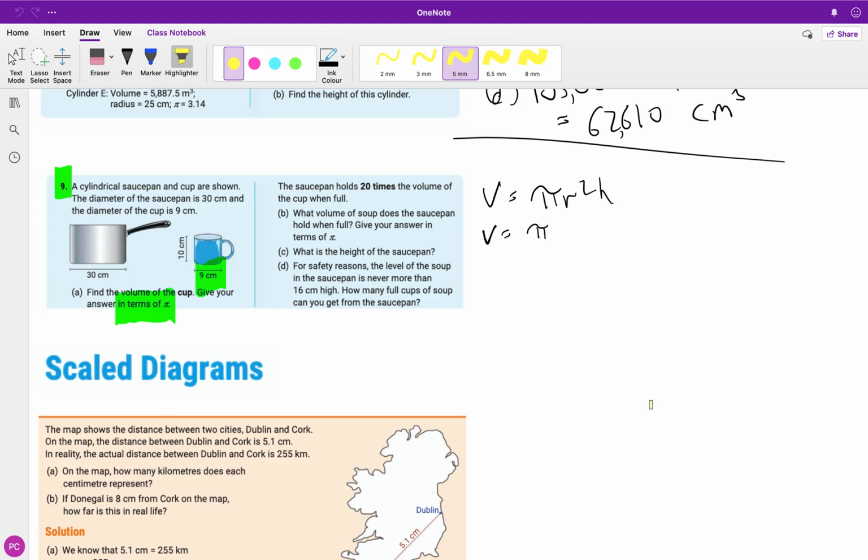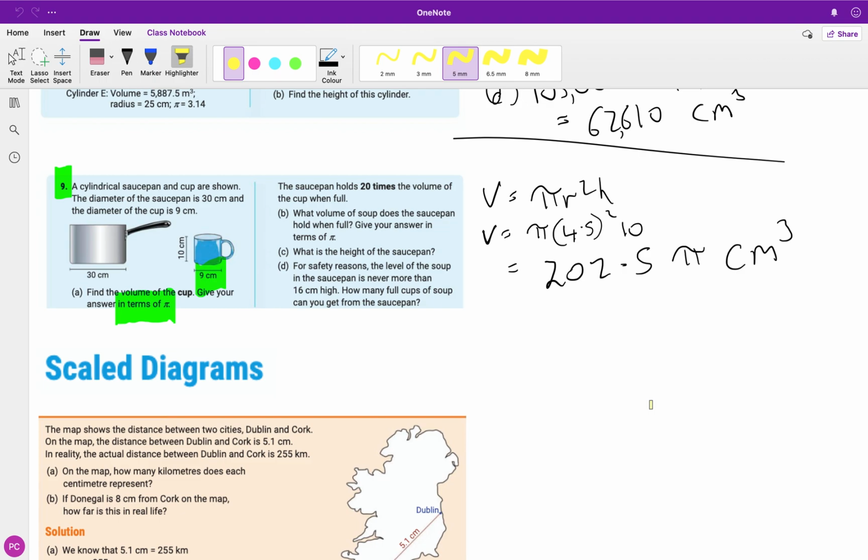Because the diameter is 9, the radius is going to be 4.5, half the diameter, squared, by the whole height, which is 10. I'm leaving the pi there because it told me in terms of pi. Throw it into my calculator and I get 202.5 pi, because we didn't sub in for that, centimeters cubed, because it's volume.